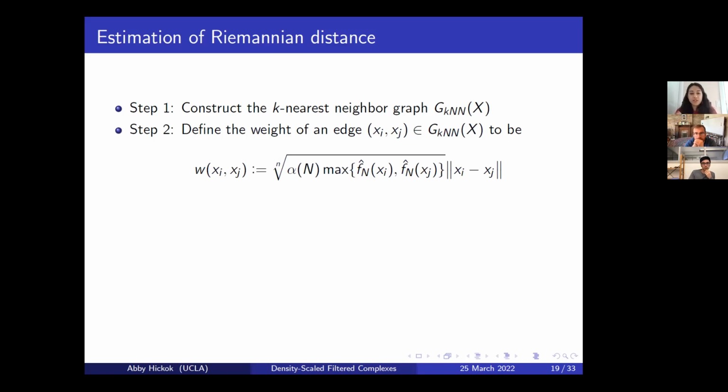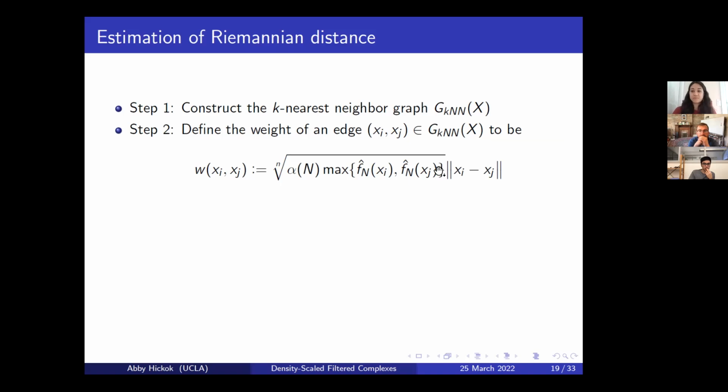Given 2 points xi, xj in the graph, I define the weight of an edge to be the Euclidean distance between the 2 points multiplied by this factor here, which should look very similar to the scaling factor I had for the Riemannian metric.